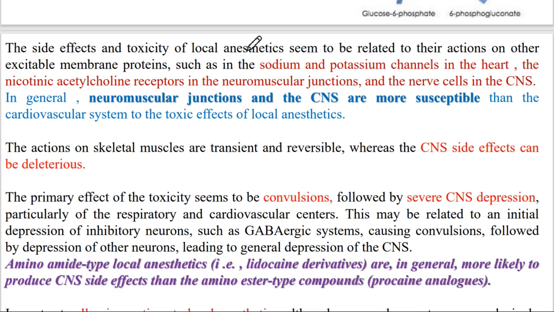So side effects and toxicity, एक वो हो गया. Then we also have excitable membranes जहाँ पर sodium and potassium channels in heart, nicotinic acetylcholine and nerve cells in the CNS face the side effects and toxicity. That is, we have in general neuromuscular junctions and CNS are more susceptible to, and then the cardiovascular system, for these toxic effects of local anesthetics.